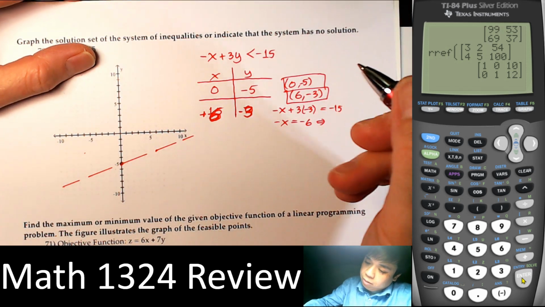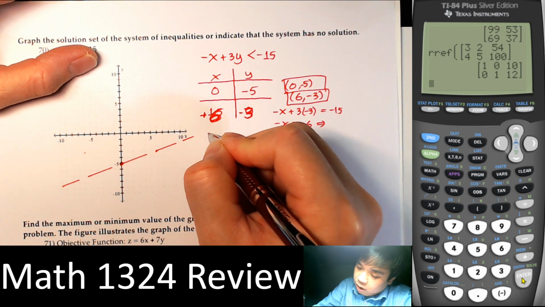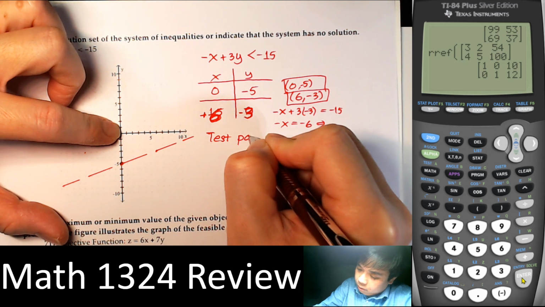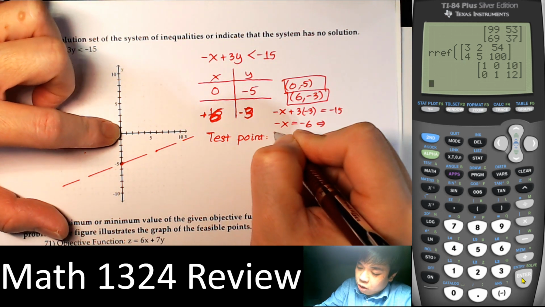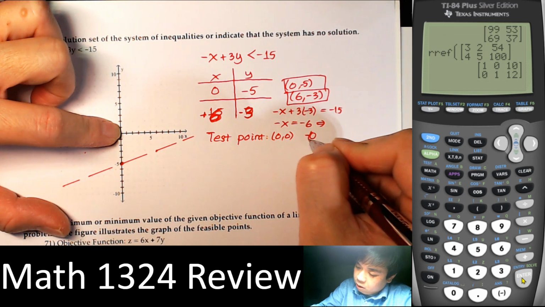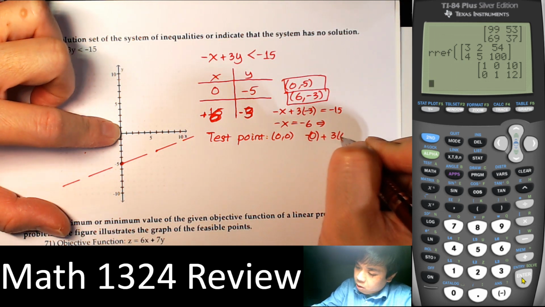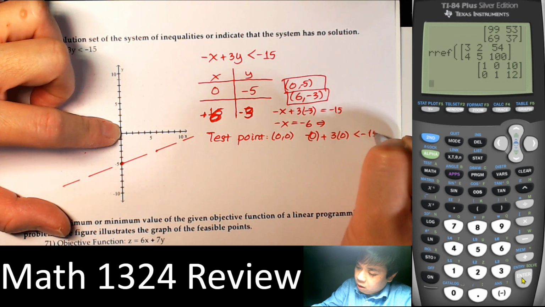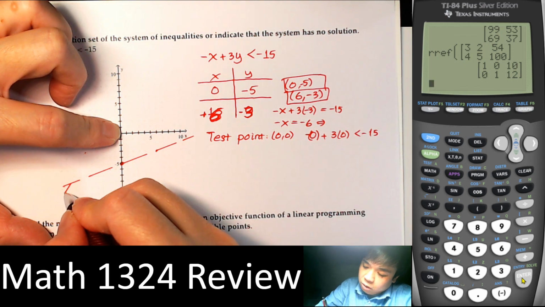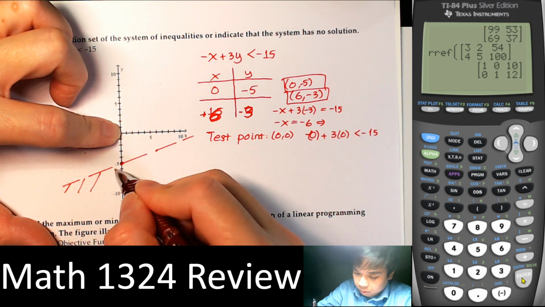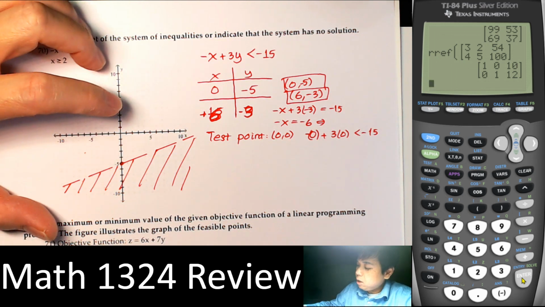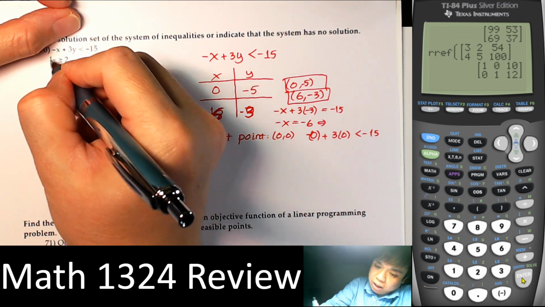Now test point. If we test (0, 0), we just use a point not on the line, and we have negative 0 plus 3 times 0 less than negative 15. So that's 0 less than negative 15, that's false. So we have to say below the line. Right, and now we graph the other one, x greater than or equal to 2.